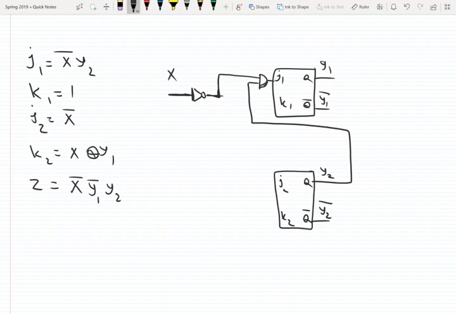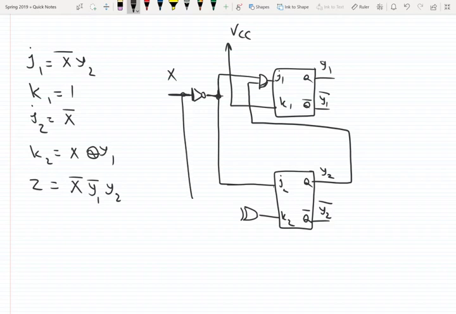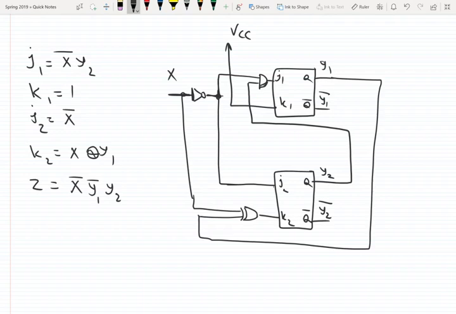What about K1? K1 is connected to VCC because it's equal to 1. What about J2? J2 is x bar. What about K2? K2 is the XOR of two signals, signal x and signal y1.